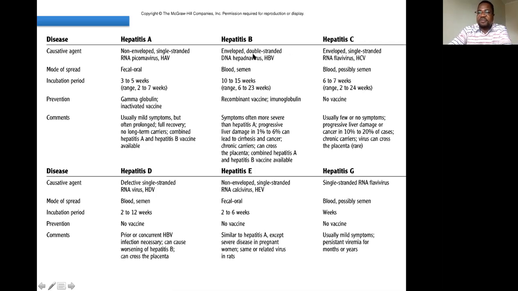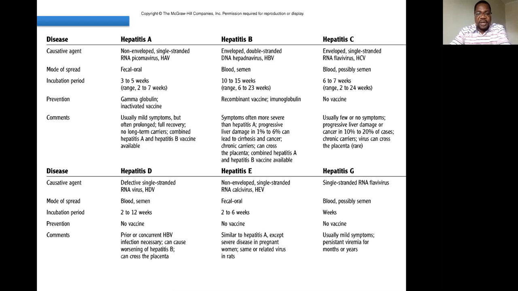C is different from B because B is a double-stranded DNA virus, but C is a single-stranded RNA virus that belongs to the family of flavivirus. And D is what we call a defective single-stranded RNA virus.